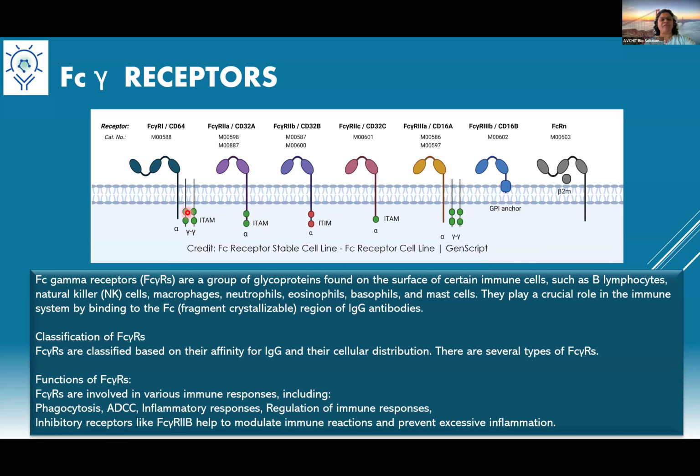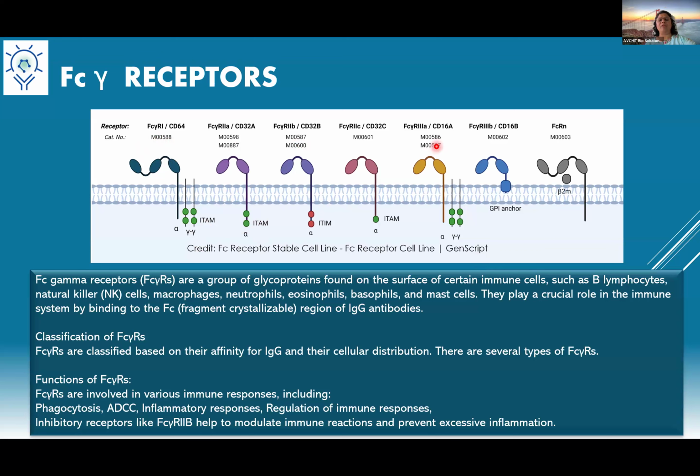The classification of the different Fc gamma receptors depends on the affinity for the IgG molecule as well as their cellular distribution. The different types of Fc gamma receptors present are Fc gamma R1, R2A, R2B, R2C.